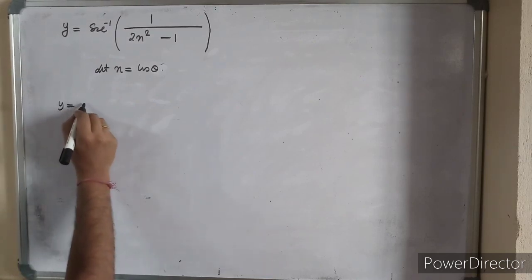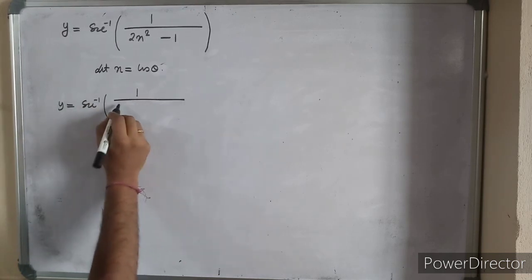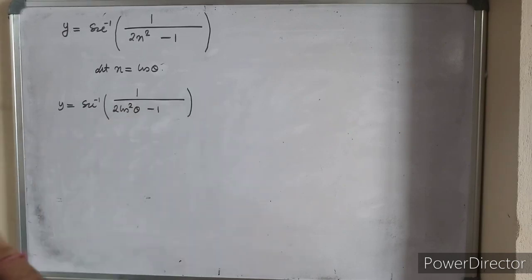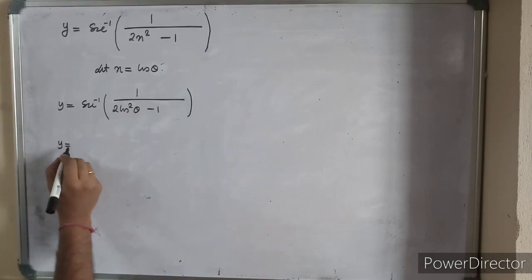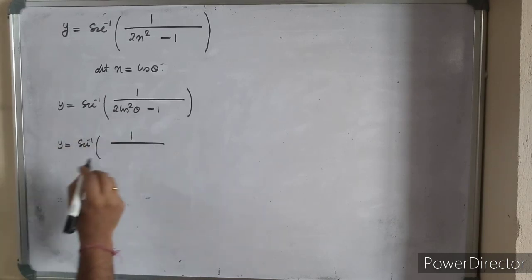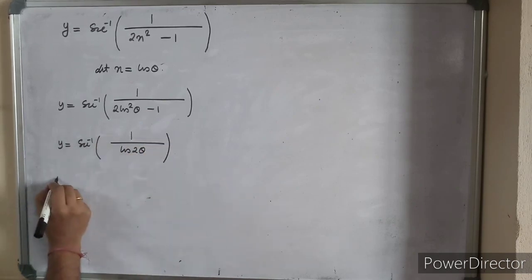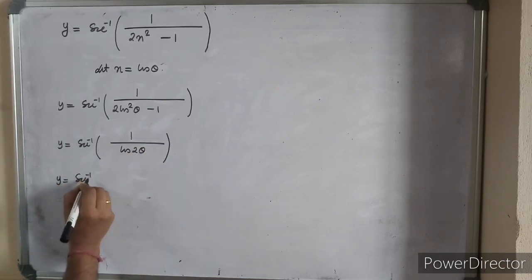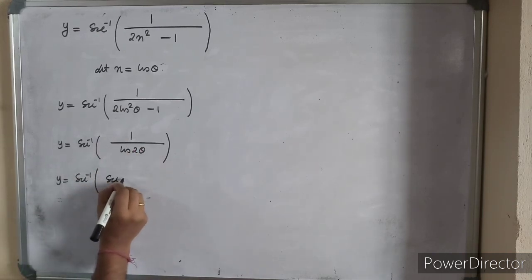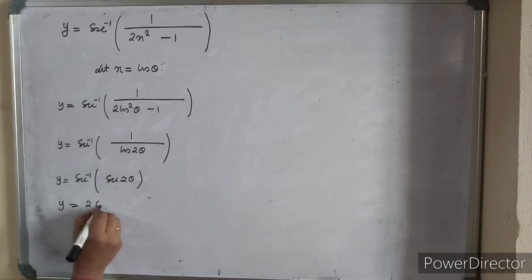Y is equal to sec inverse of 1 over 2 cos square theta minus 1. 2 cos square theta minus 1 is cos 2 theta. Sec inverse of 1 over cos 2 theta is sec inverse of sec 2 theta, which is 2 theta.